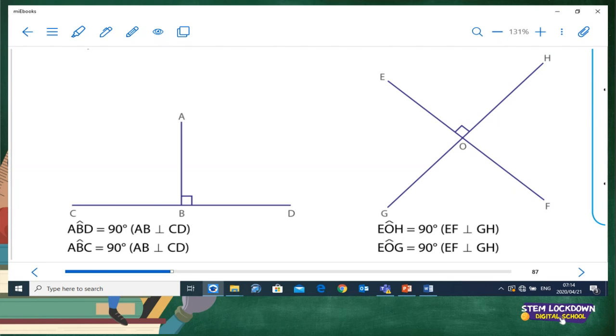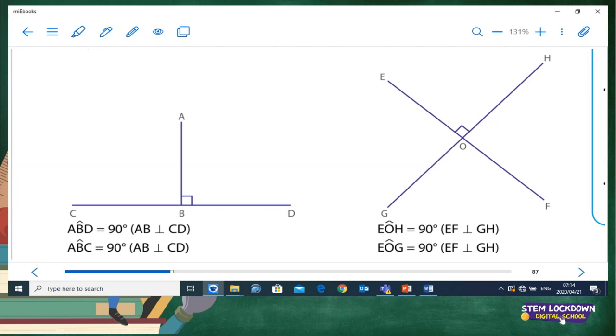You can see the 90 degrees sign here in this angle B. That small square there represents 90 degrees. And that is why we say angle ABD is equal to 90 degrees.